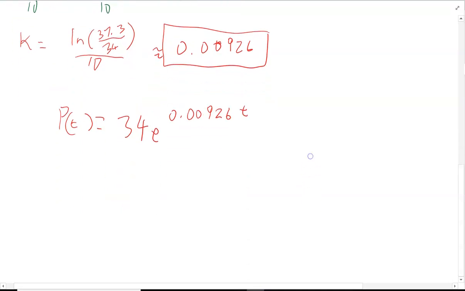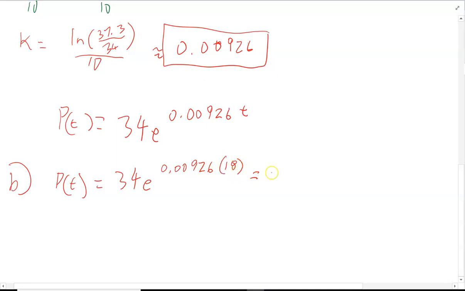Then we will use this to find the population in 2018. So we're using P of t now is equal to 34 e to the 0.00926 t, with t being 18 years, 18 years after 2000.